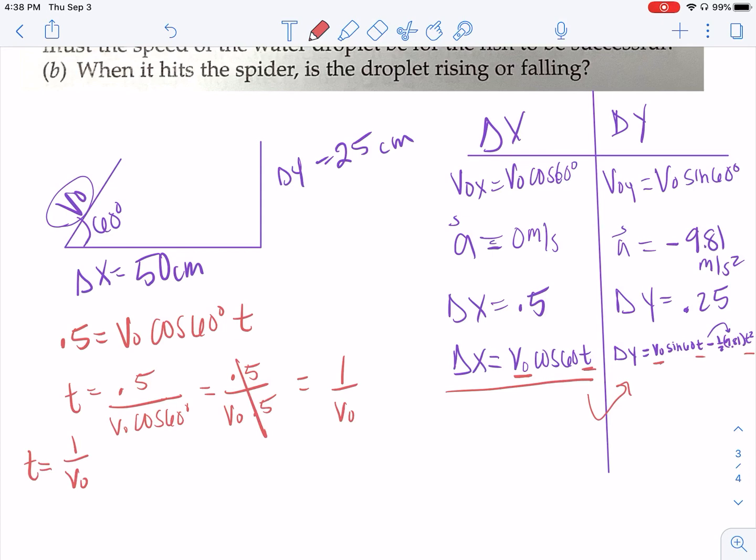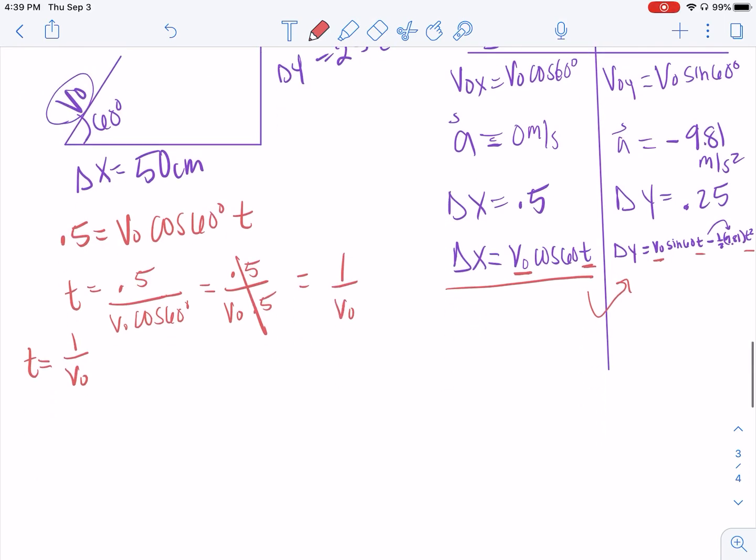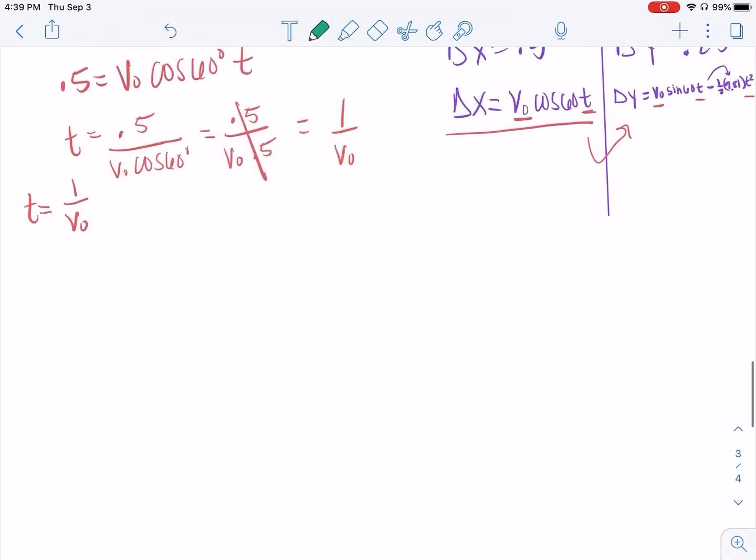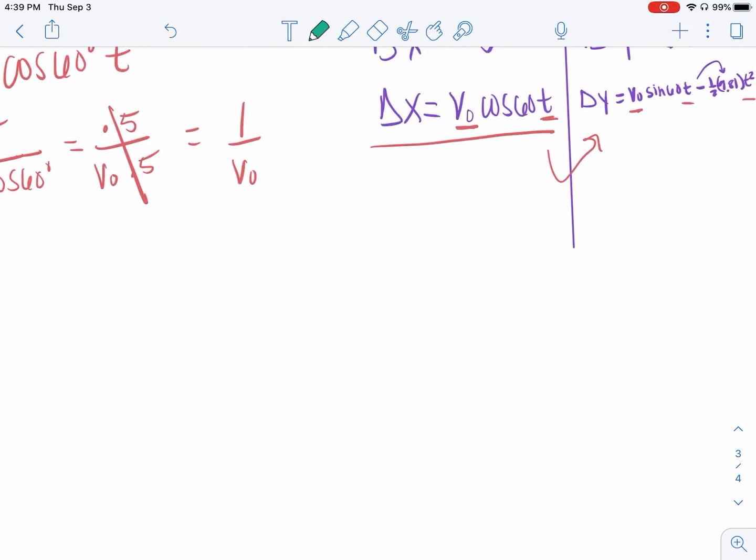And remember that time is the same for delta x and delta y, which is the one thing that really ties together projectile motion. With that being said, I can now plug that into my delta y. Delta y, we know, is 0.25.